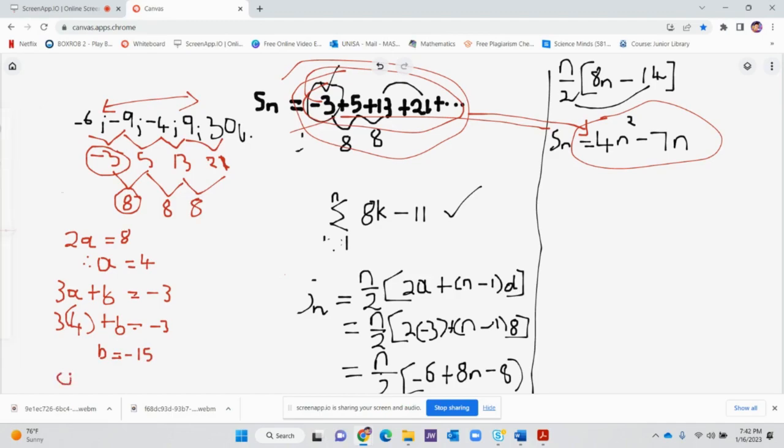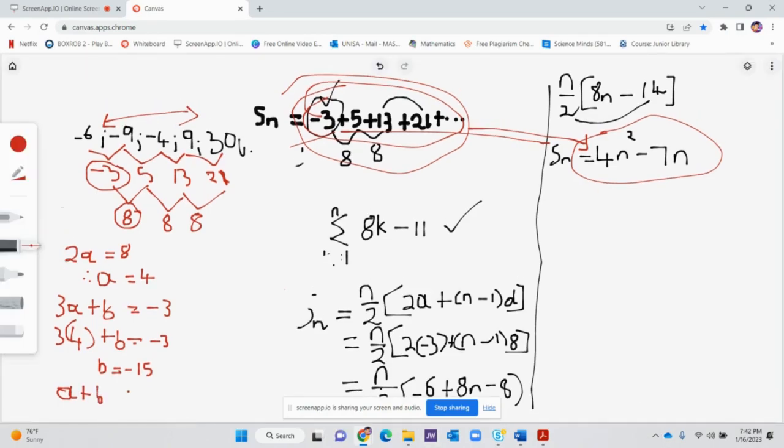And lastly, a plus b plus c is equal to our first term, which is minus 6.